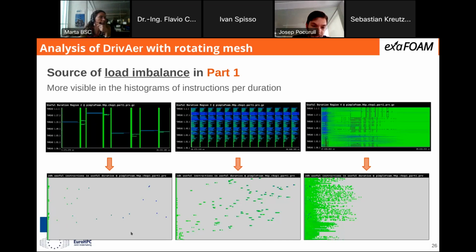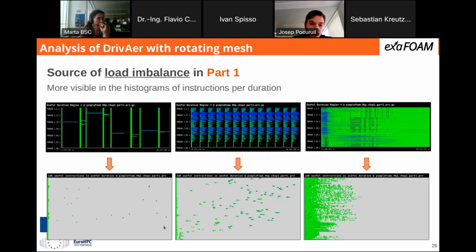The colors, going from green to blue, are a gradient representation of the amount of instructions that they execute. So the bluer, the more instructions executed.